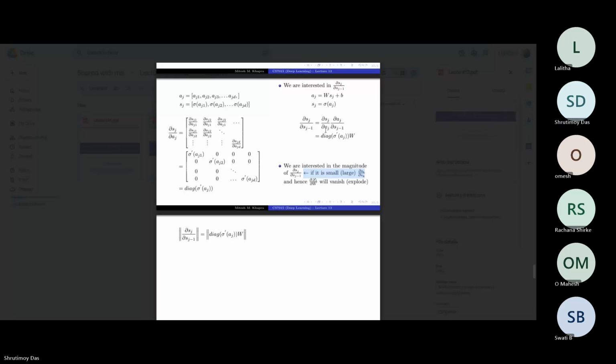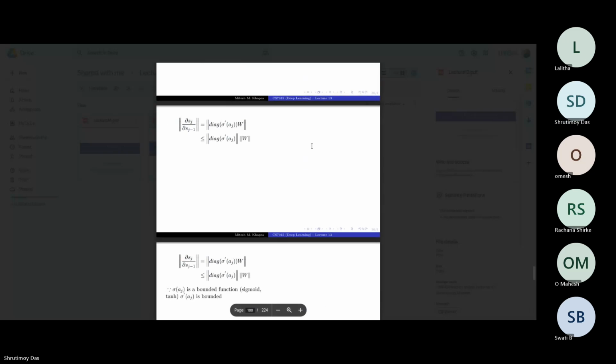So this is my rate of change of Sj with respect to Sj minus 1. We can write the size of this as the size of this, because these two things are equal, right? And now there is something called the Cauchy-Schwarz inequality.